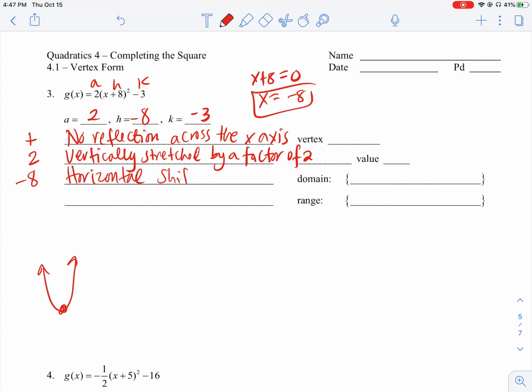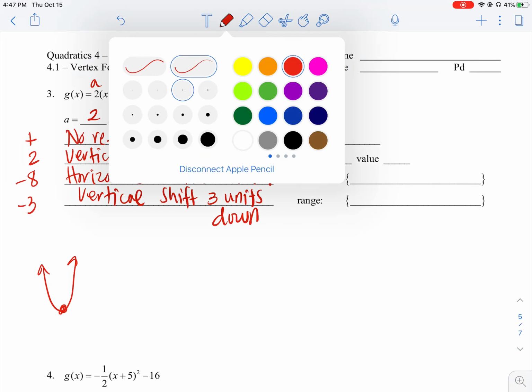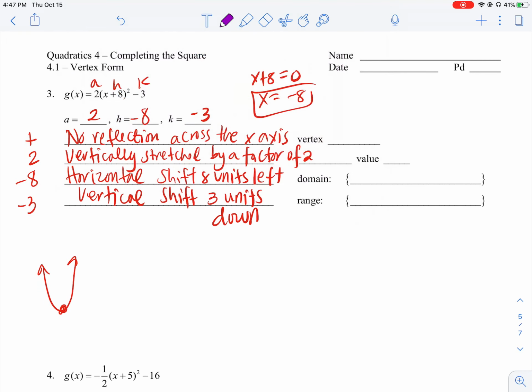Horizontal shift 8 units left. And then lastly, we have a vertical shift 3 units down. Okay? And because h comma k is the vertex, our vertex is negative 8 comma negative 3.